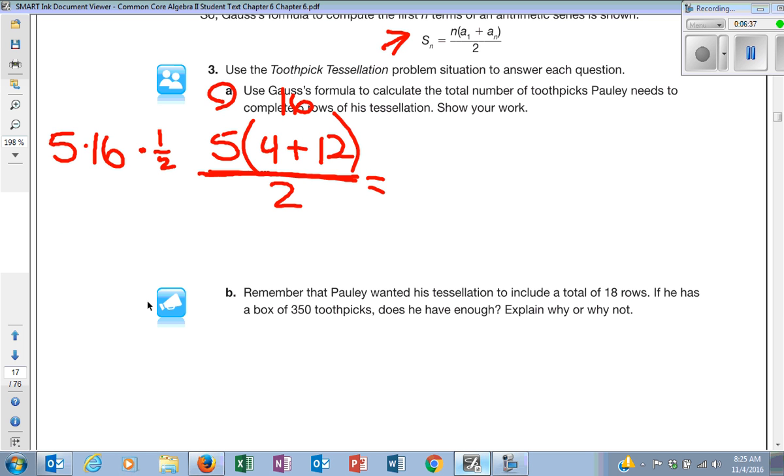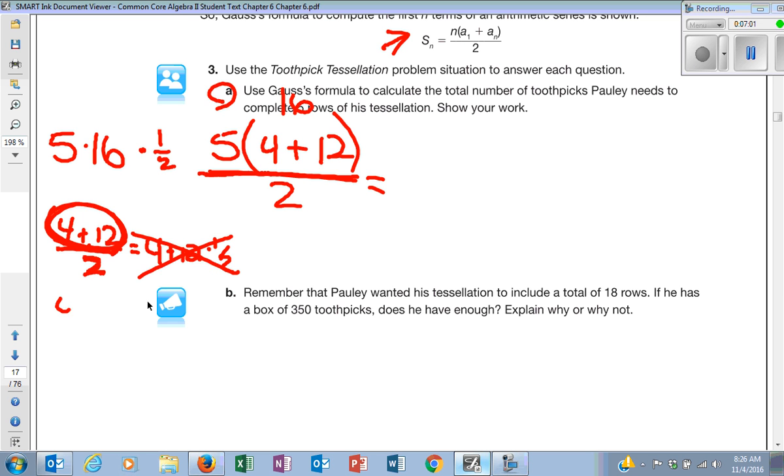If I had 4 plus 12 divided by 2, I could not rewrite that as 4 plus 12 times 1/2. That would not work out. Why? This is actually included in parentheses, and this is addition, and I have to add this first before I can divide by 2. You guys get what I just said?